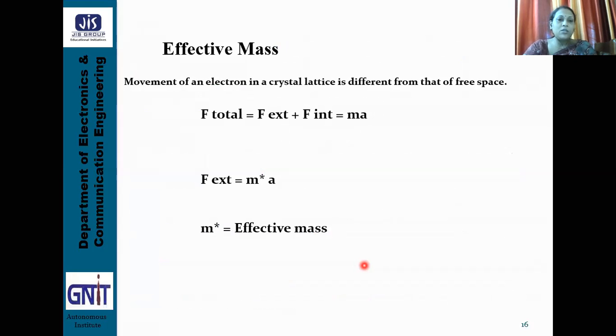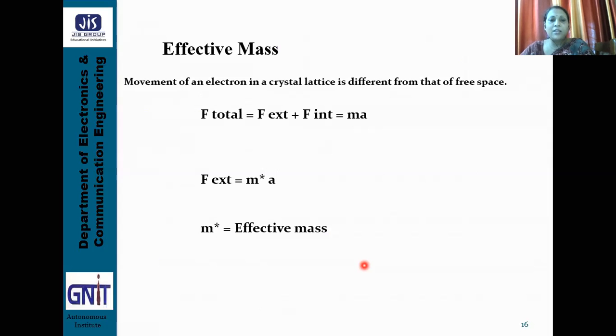In addition to an externally applied force, there are internal forces in the crystal due to positively charged ions or protons and negatively charged electrons, which influence the motion of the electron in the lattice.